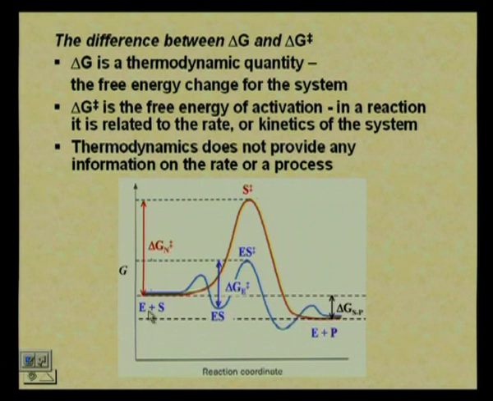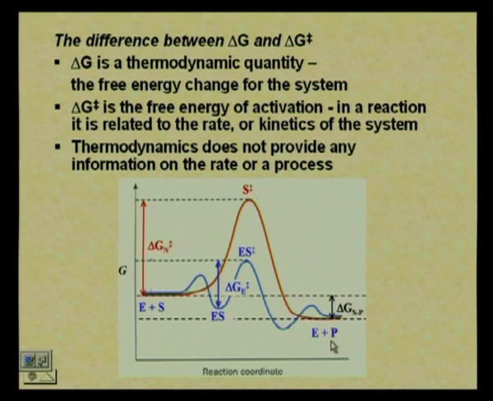The enzyme and the substrate form what is called an enzyme substrate complex. We will go into the details of how this is formed, but we have an activated enzyme substrate complex here that is eventually going to lead us to our product.